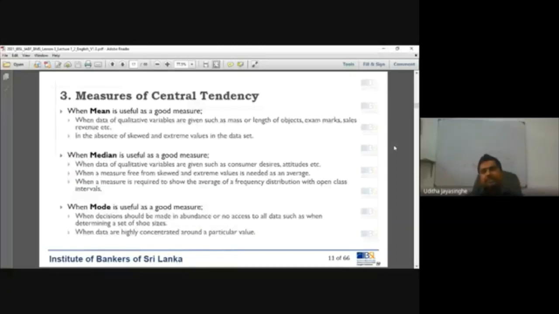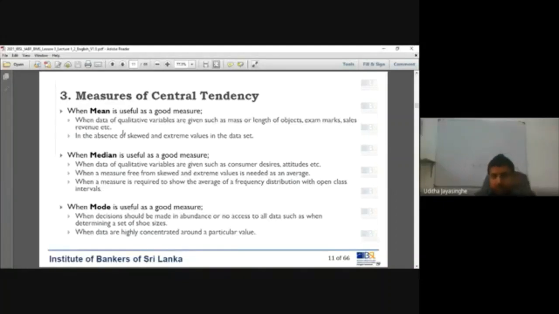Last bit of qualitative discussion before we move to the second part of the day on the dispersion. This is where mean, median, mode are usable or good measures in practical applications. We'll quickly go through. Mean.